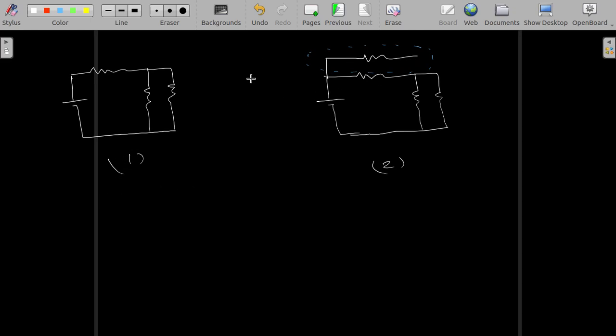So this is the basic difference between a circuit and a network. In a circuit, all paths will be closed, and current will be passing through all. In a network, it is not a necessity that all the paths are closed.